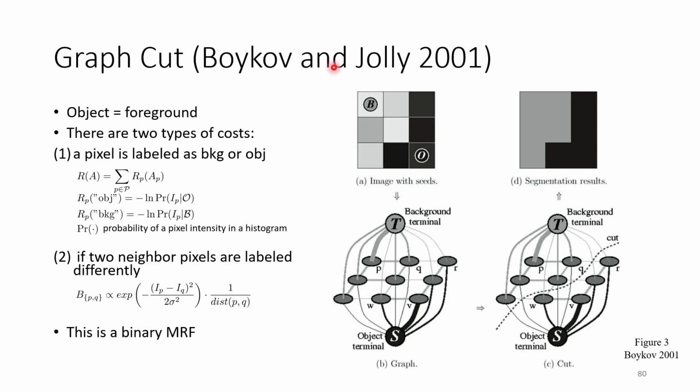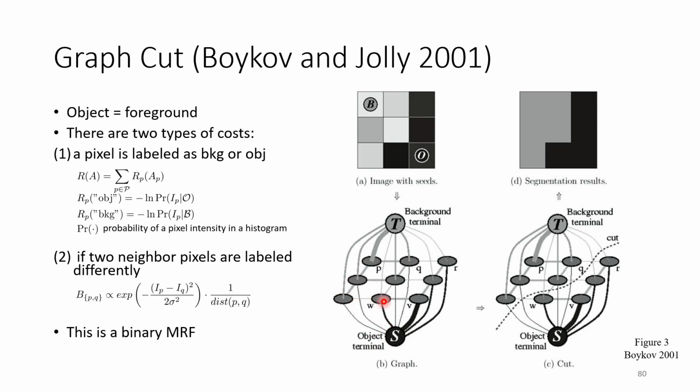This is a very small example. There are only 9 pixels. So it assigns the top left corner as the background, and the bottom right corner as the object, or the foreground. Then it creates a Markov random field.